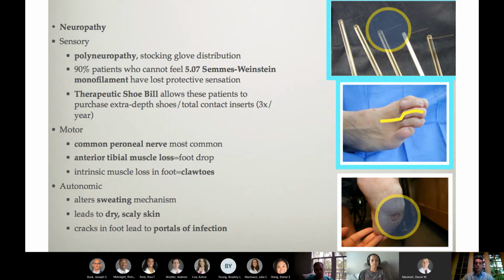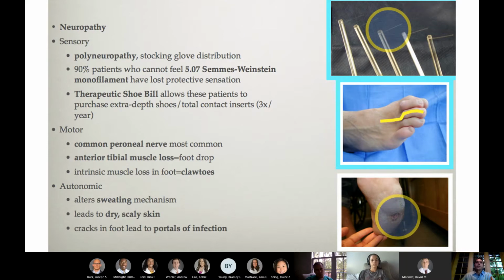And this follows every other trend in orthopedics, where with neuropathy, whether it's Charcot-Marie-Tooth disease or peripheral neuropathy from diabetes or from alcohol or whatever it is, it's always the peroneal nerve and the ulnar nerve that are affected first.